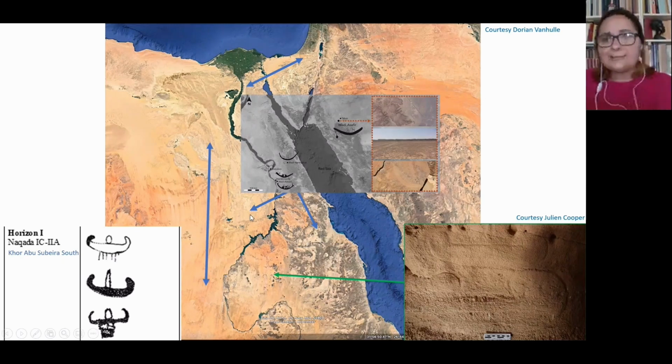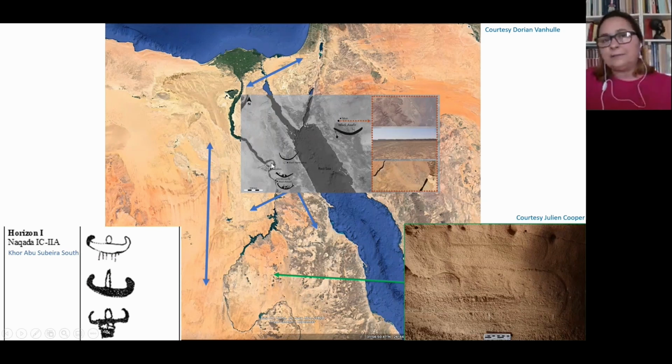In this case, we found boats that are quite characteristic of our area, and apparently pretty unknown elsewhere in Upper Egypt or the Egyptian Eastern Desert. But our colleague Julian Cooper has found similar representations here in this area of the Etbai, the Nubian Eastern Desert. So again, there may be a connection with the southern part of the Nile, with the southern part of the desert.